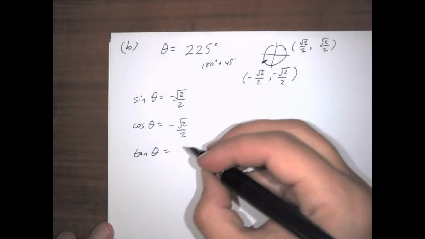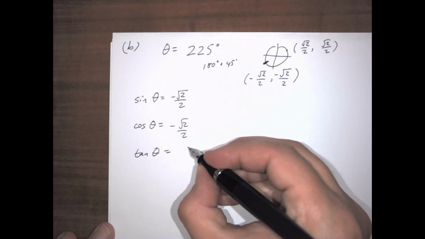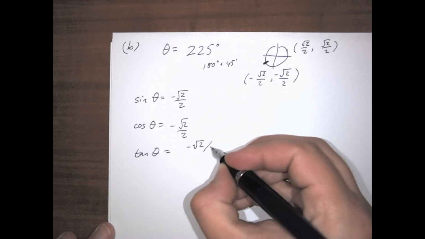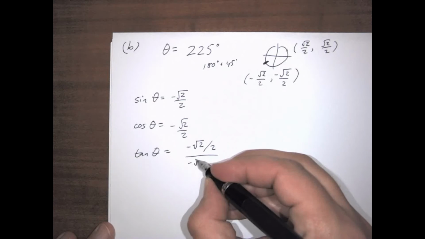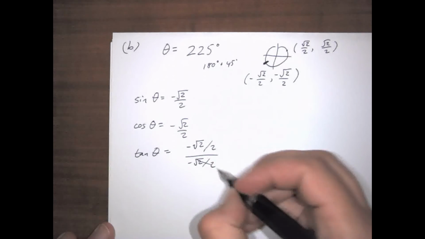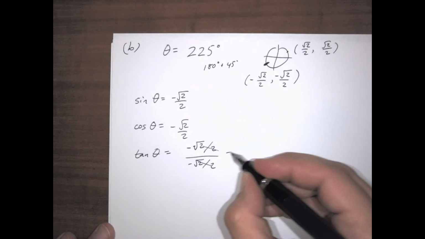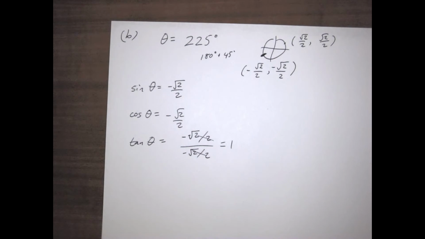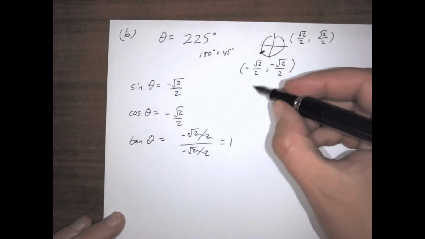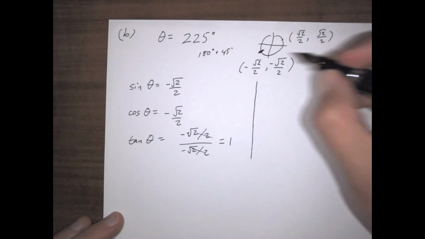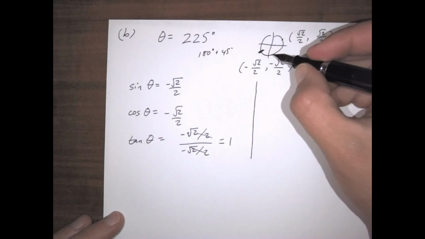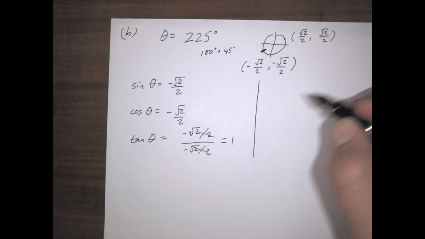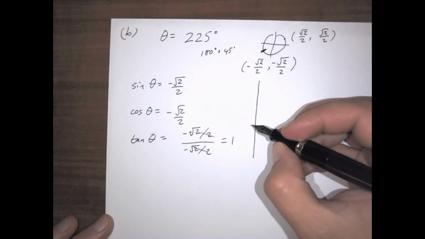Tan theta is sine over cosine, which actually, they just cancel each other and just make 1, which makes sense if you think of tangent as y over x. When y and x are the same, you'll just have 1. The tangent, as I said before, can be interpreted as the slope, and the ray here has slope 1.